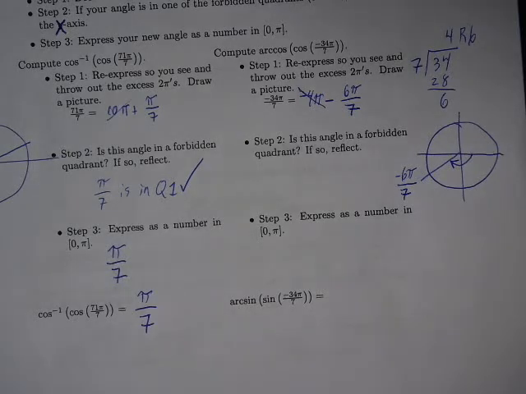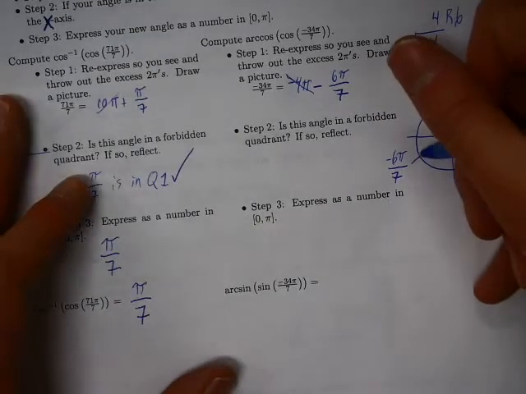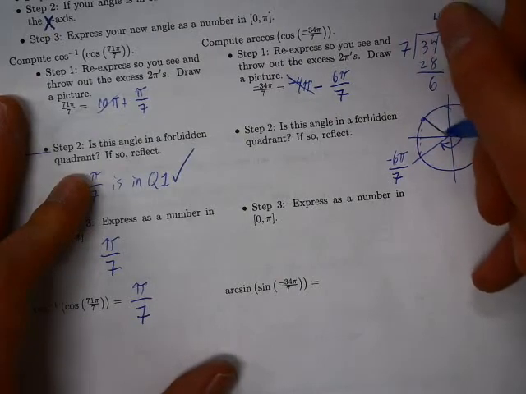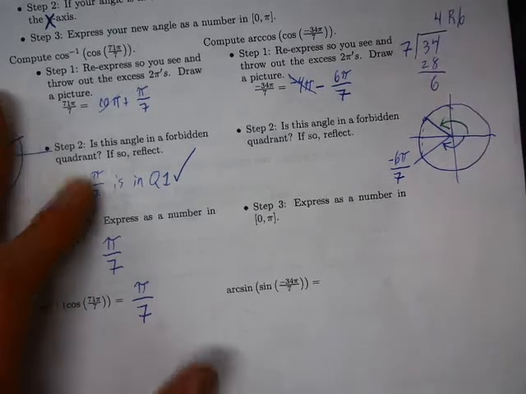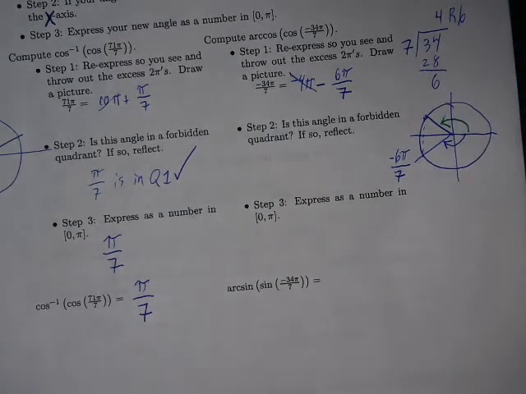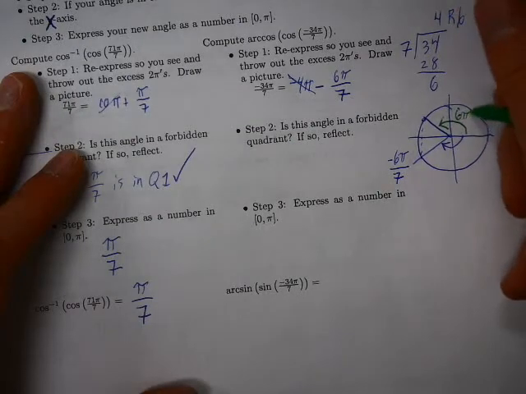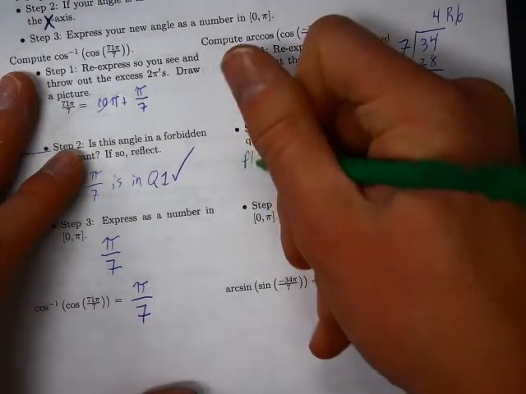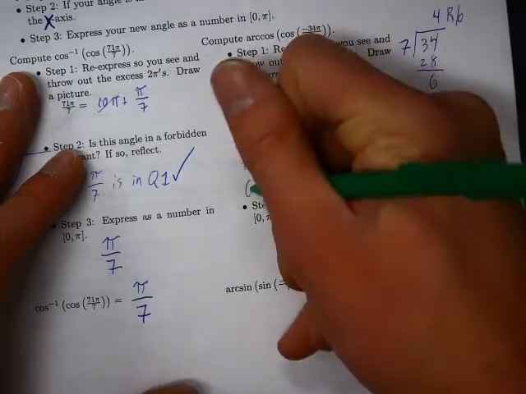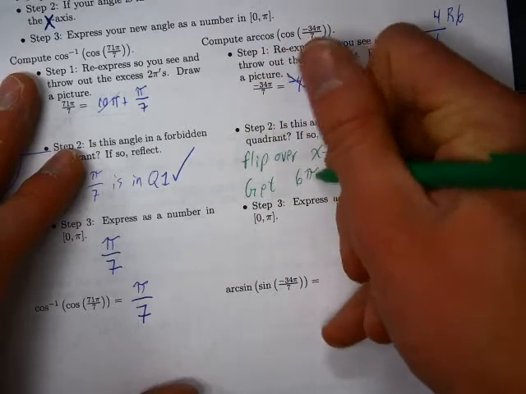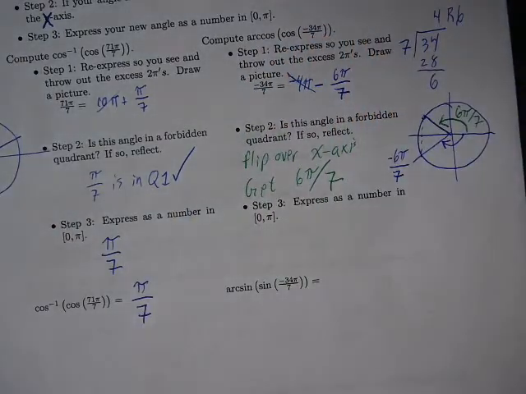Flip the axis. I should do a vertical flip, a flip that preserves the x values. So I'll do that. And it looks like now I want to know what is this angle. And what is that angle? 6 pi over 7. Okay.